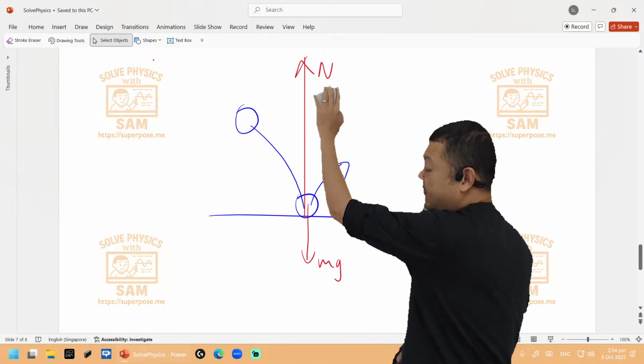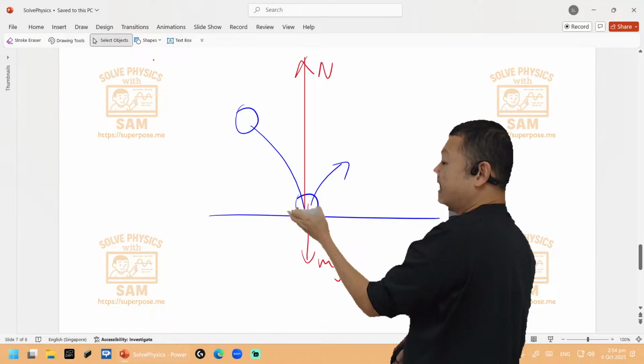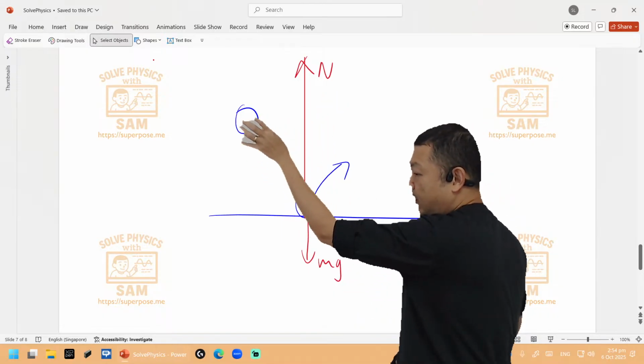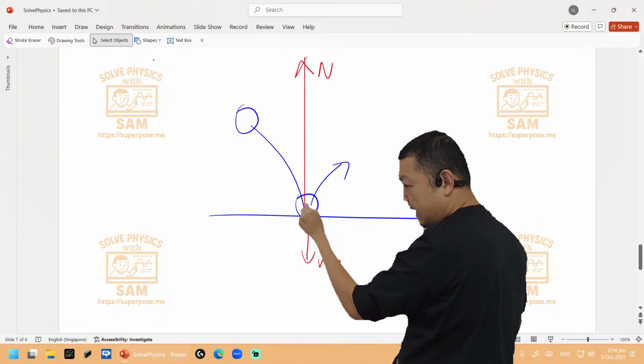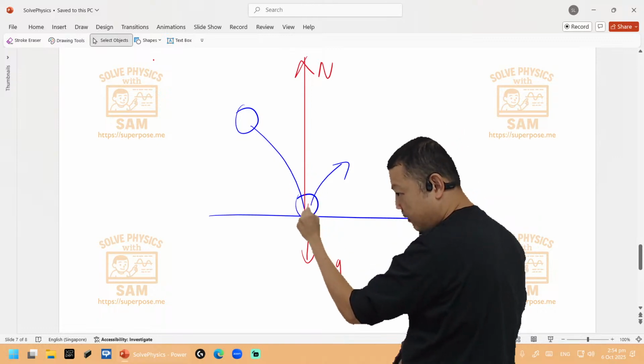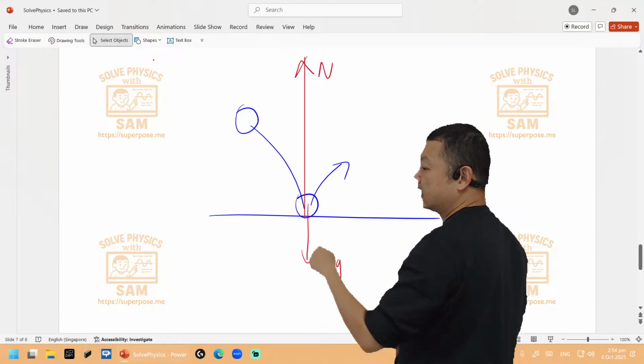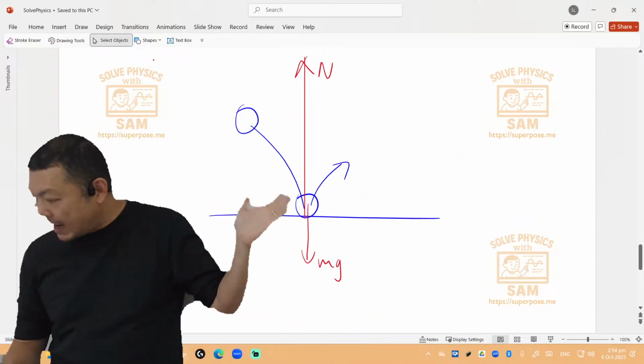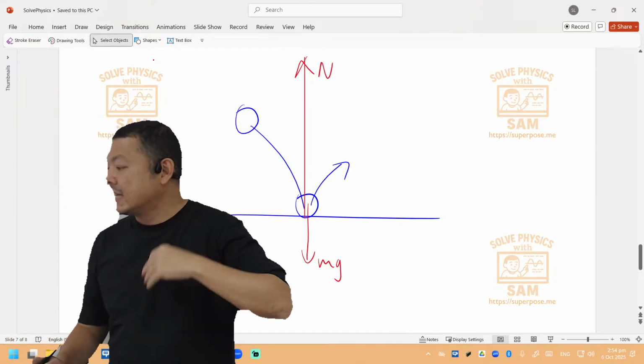So this normal contact force must be a lot bigger, because it helps the ball come to a stop at the bottom and then helps the ball accelerate upwards again. So it's the same thing, except I would think that for a bounce, the normal contact force is even bigger.